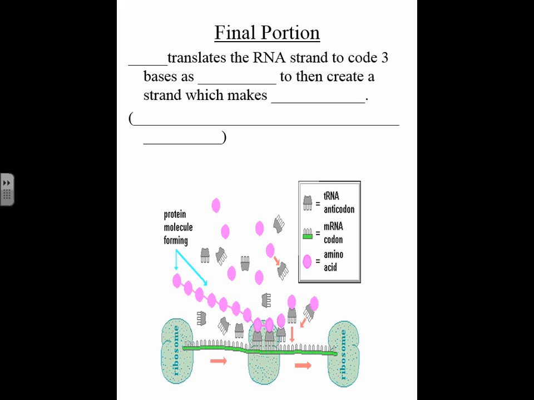Amino acid. Once it translates all of those bases, it's going to create a strand of protein, and the process is complete, called, what do they make? What's the product? Protein synthesis. So I broke it down to build it right back up.